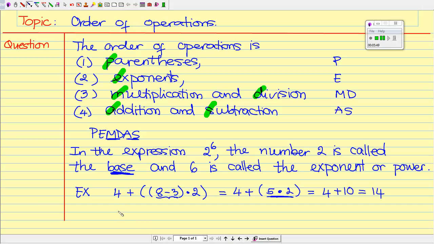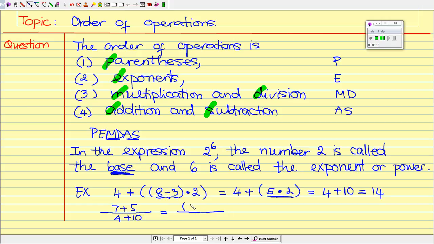Okay, let's look at the next example. What happens if we are given this fraction, 7 plus 5, all divided by 4 plus 10? Now, every time that you see a fraction, you are going to think about the parentheses right away.